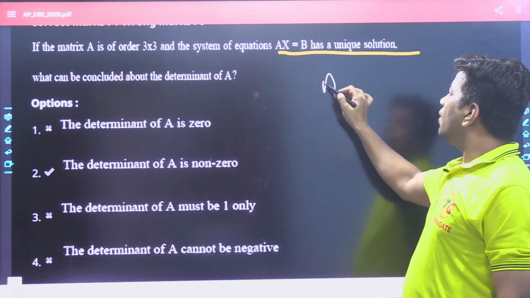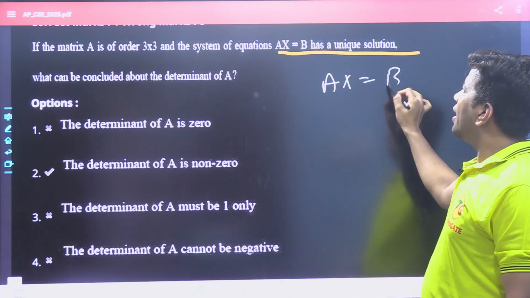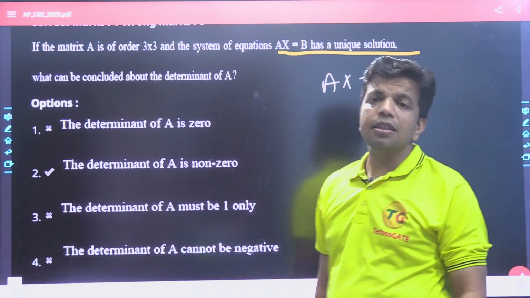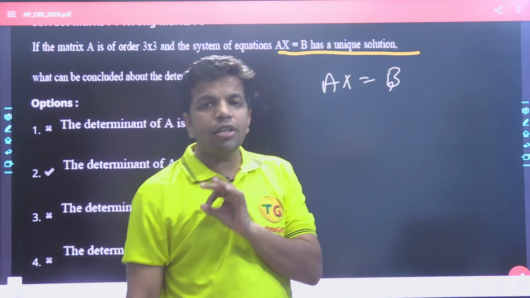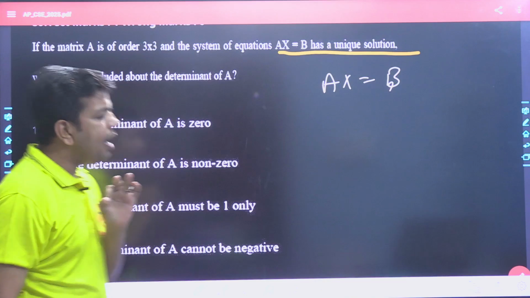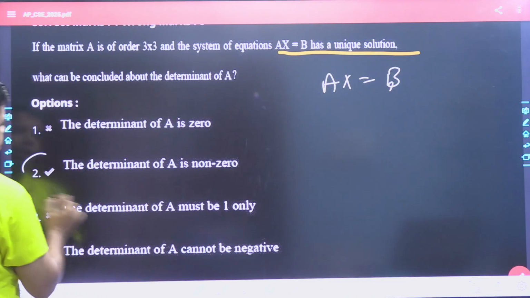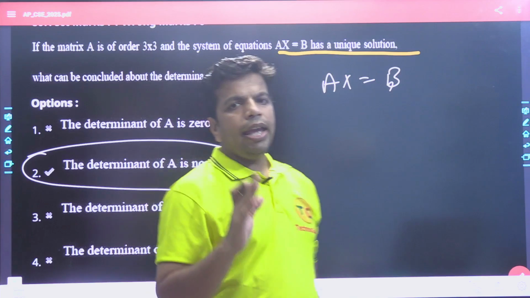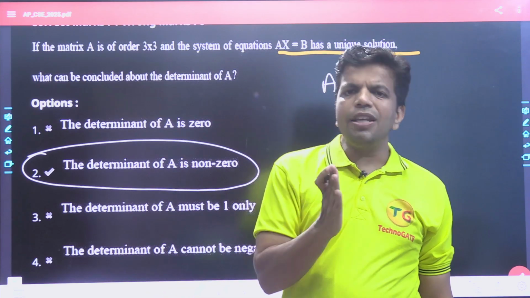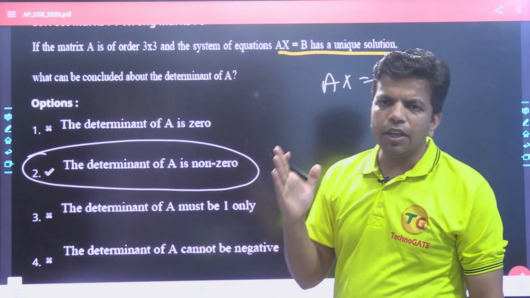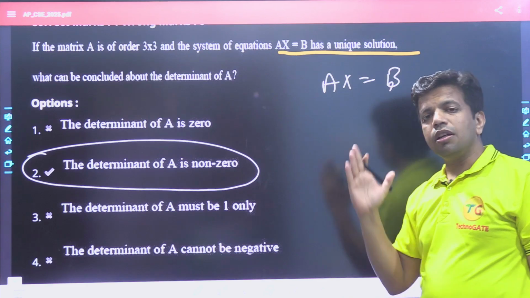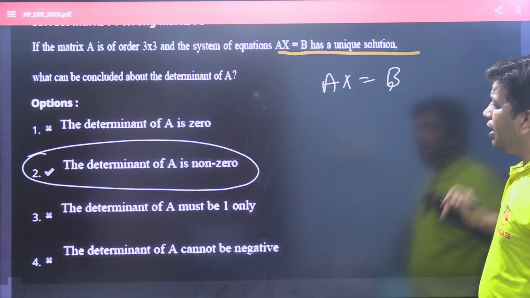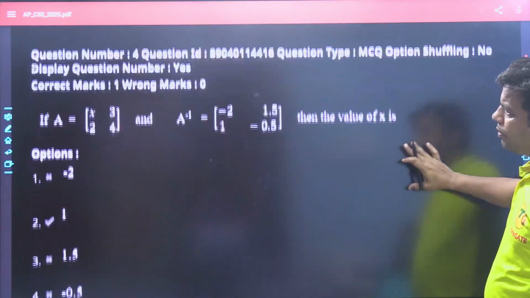Just remember one point: whenever a system of equations has a unique solution, then the determinant of A is always non-zero. So if the system of equations has a unique solution, then 100% the determinant of A is non-zero.